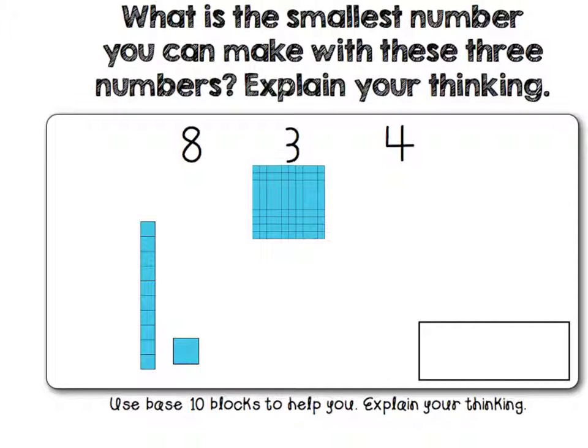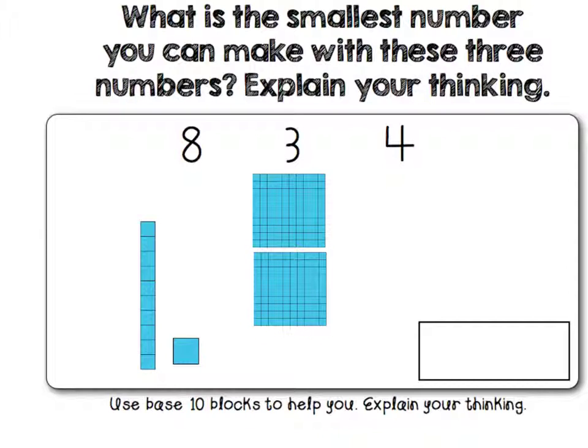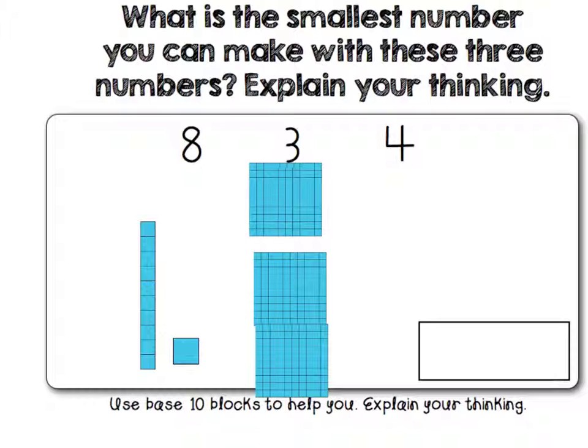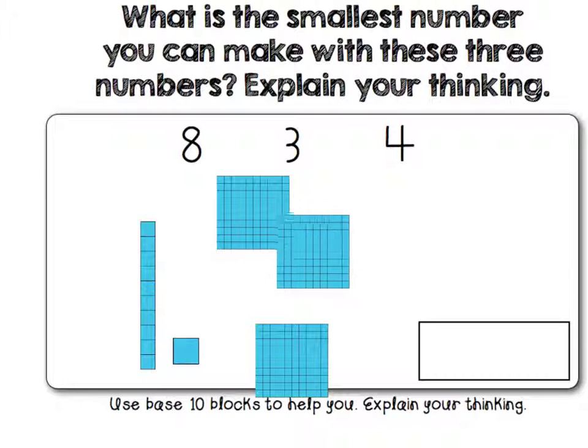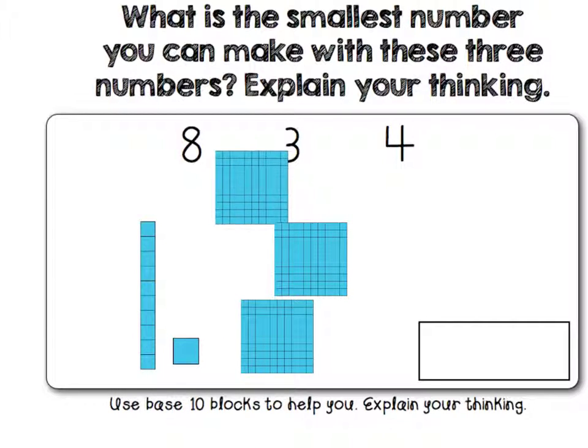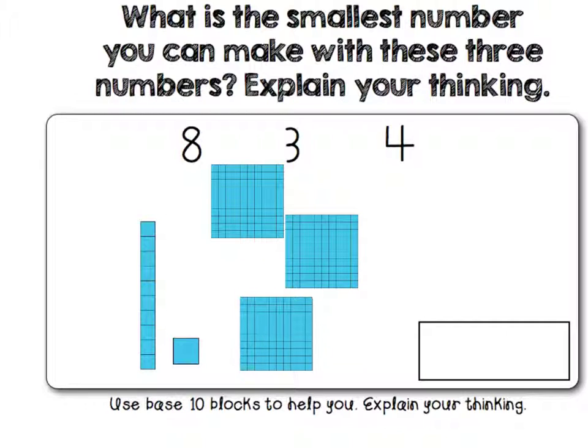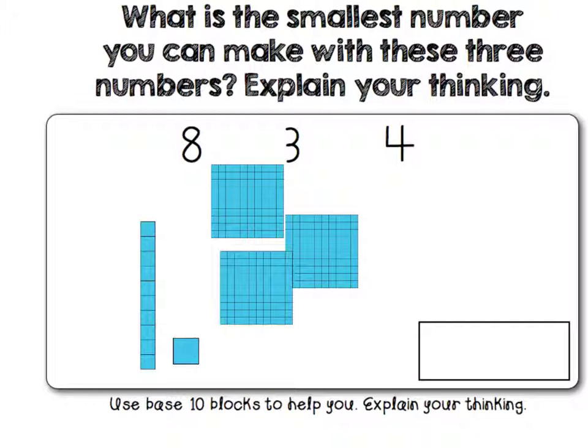I'm going to show 3 hundreds blocks. So I'm going to duplicate till I have 3. So I have 1, 2, and 3. If I counted those, I would have 100, 200, 300. So the number 300 represents the blocks that I have.